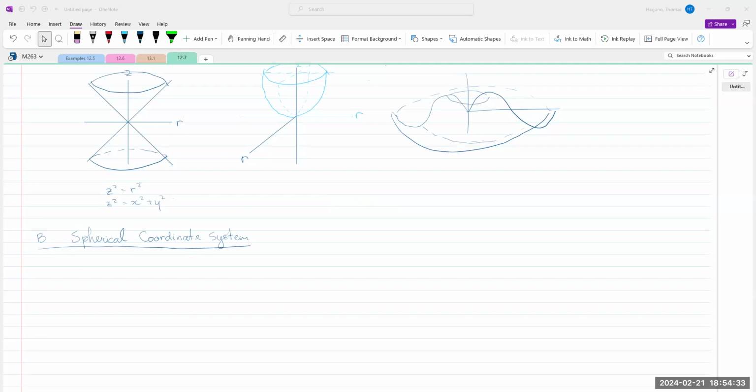So it is impossible for you to understand spherical coordinate system without first understanding cylindrical coordinate system, which is impossible to understand if you don't learn polar coordinate system properly. So for you to learn spherical coordinate system, before that, you need to learn cylindrical coordinate system. Before that, you need to be good with your polar coordinate system.